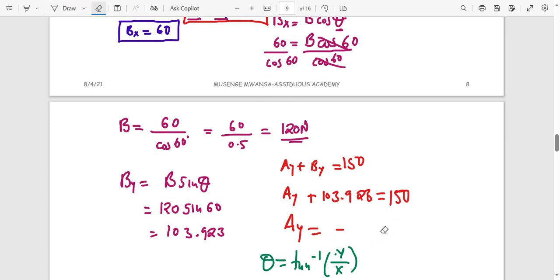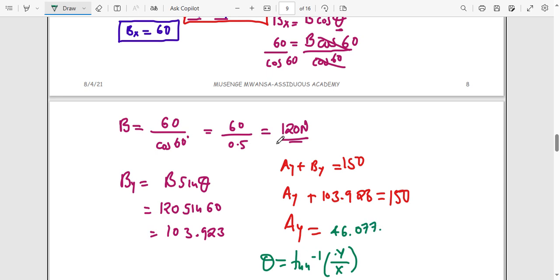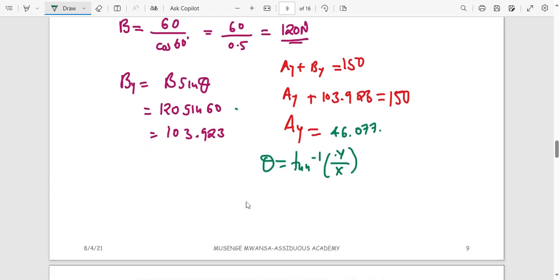Being able to analyze mathematically, it didn't make sense, isn't it? So this is going to be 46.077. Now we can go on and find the angle. The y component we have found is 46.077. The x component is a negative 60.